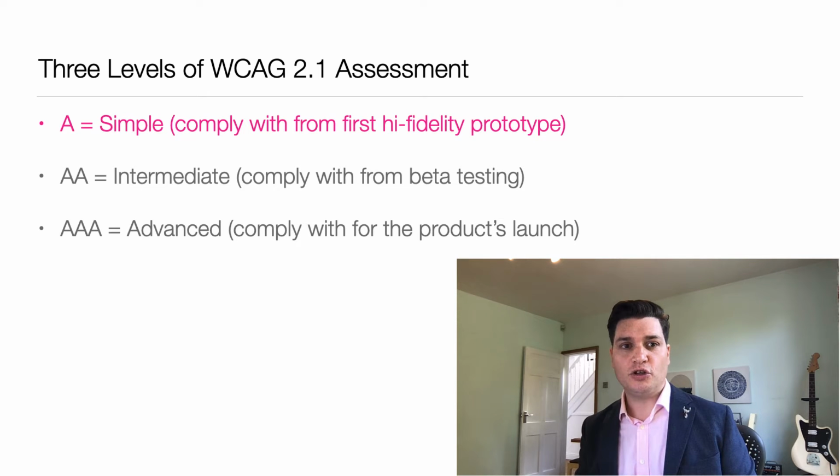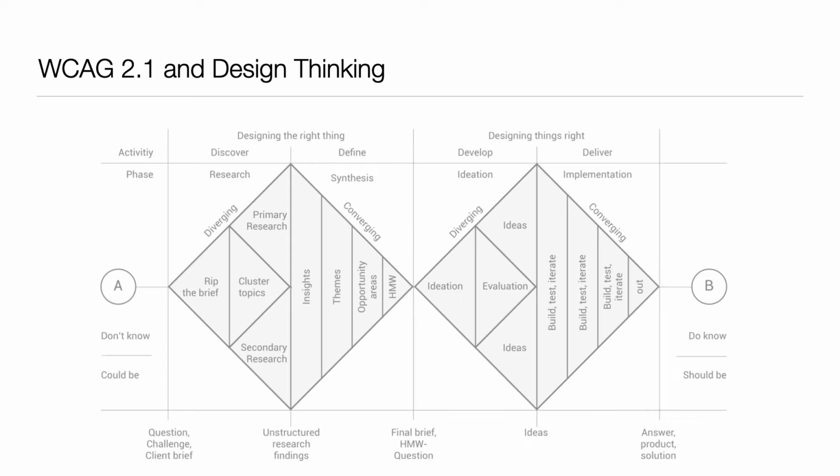Now, you want to think about this in this way. This is our double diamond. This is how design thinking works, starting with understanding problems, problem research, insight themes, iteration, prototypes, etc. You start thinking about accessibility at the time you're building your first prototype.